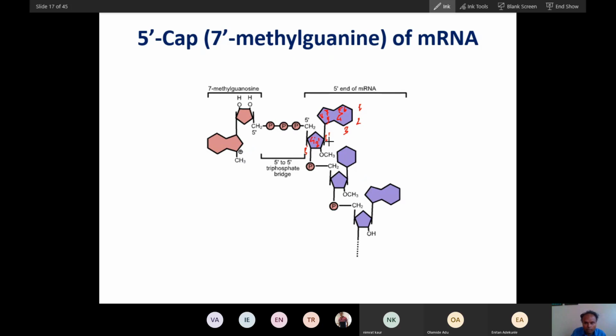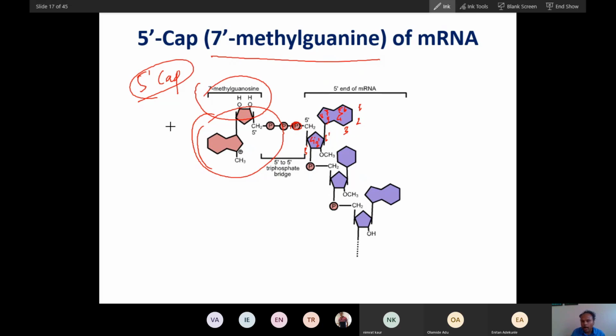But the sugar is given prime numbering. So this is 5' and there is a phosphate, and with this 5' you can see an opposite type of bonding made by this 7-methyl guanosine. It is called the 7-methyl guanine cap, the 5' cap.